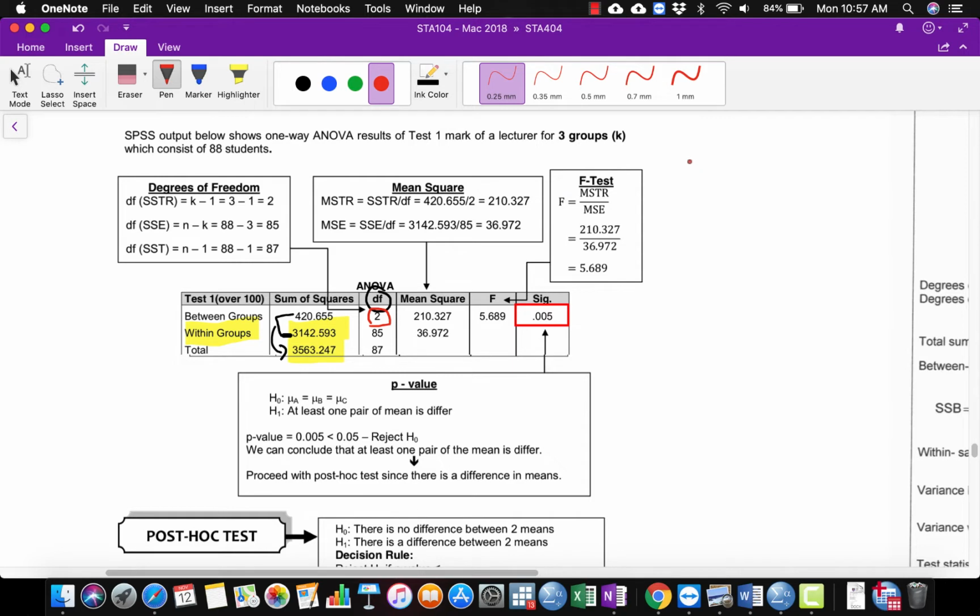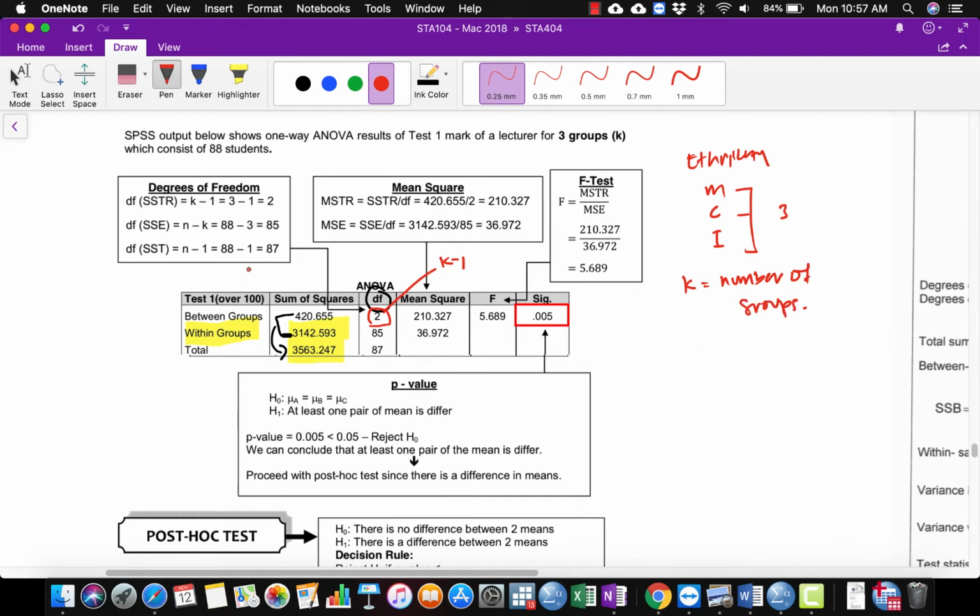Let's say I'm using ethnicity, so you have Malay, Chinese, Indian, so I'm going to have three groups. So for the first degree of freedom, this should be K minus 1, where we call the number of groups K. So K equals 3 minus 1, which is 2. So K here is our number of groups, right?